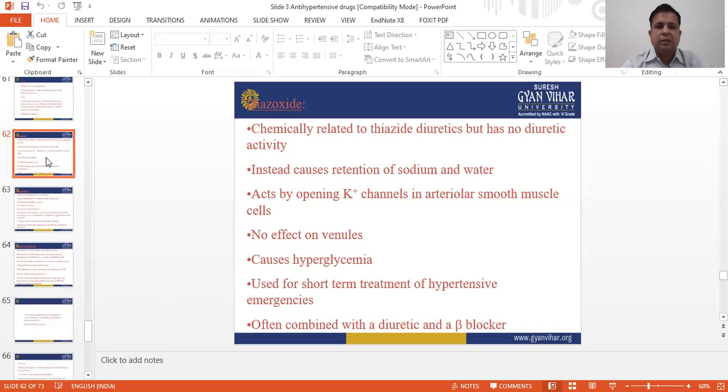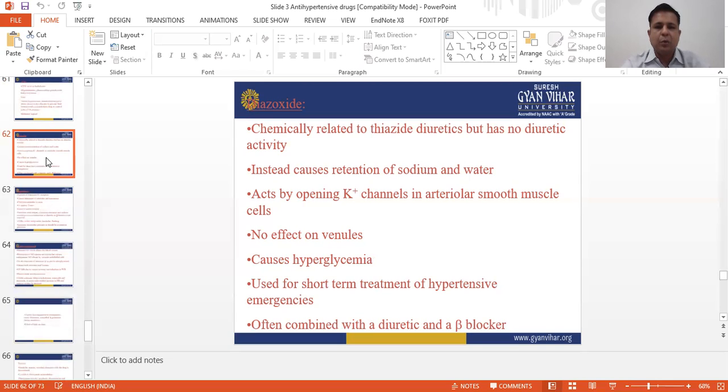Diazoxide is chemically related to thiazide diuretics but has no diuretic activity. Instead, it causes retention of sodium and water.